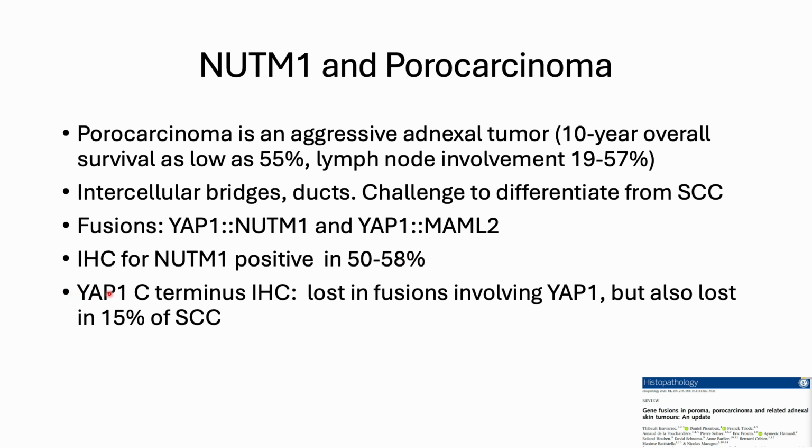And we can also use YAP1 immunohistochemistry, and that's because in the fusions, the YAP is fused with either NUTM1 or MAML2, and the C terminus of YAP1 is lost in the fusions. So the YAP1 C terminus immunohistochemistry actually looks for loss. One caution about using this: it's lost in a fraction of SCCs as well.